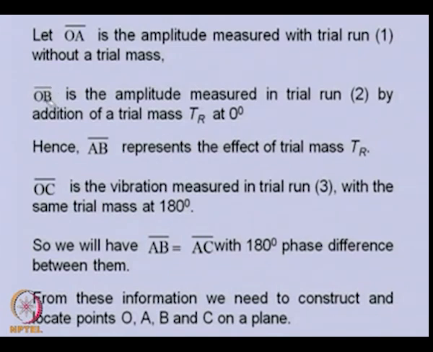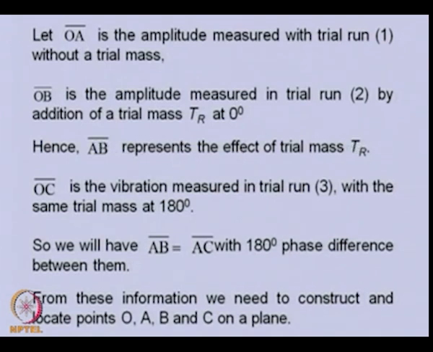Now, because OB and OA are displacements, basically they are vector quantities. So, we expect that the difference of these two vectors, because the origin of these two is at O, and from there we have OA and OB, two vectors originating. So, the difference of these two vectors, that means AB, will represent the effect of trial mass.